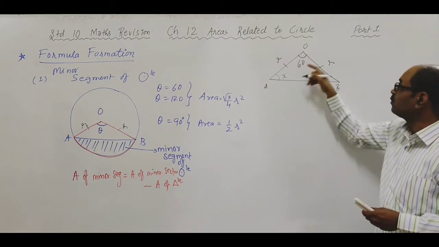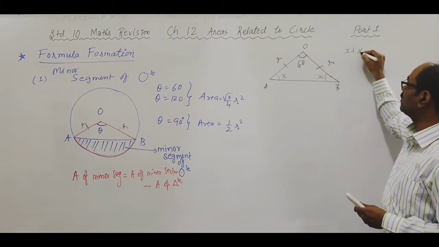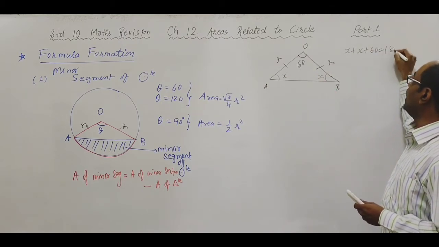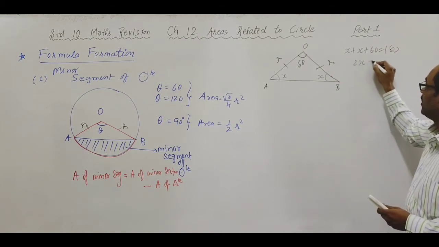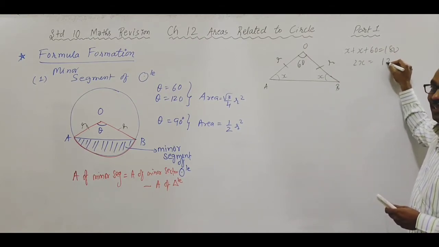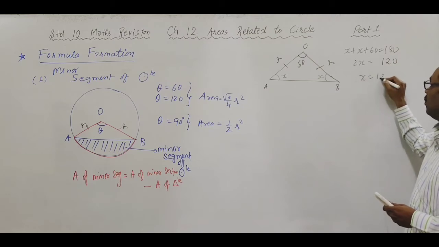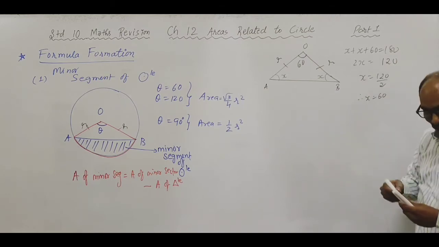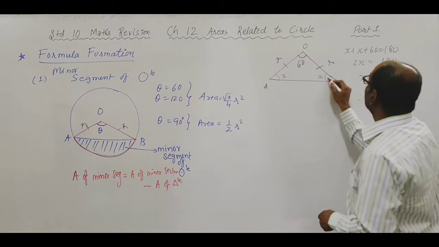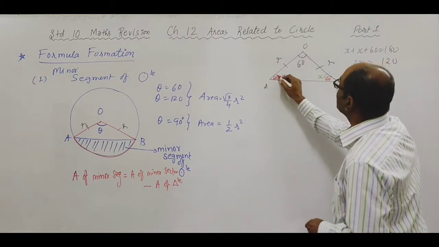So x plus x plus 60 is equal to 180. Total measure in a triangle is 180. So 2x is equal to 180 minus 60, 120. So x is equal to 120 divided by 2, and therefore x is equal to 60 degree. This is also 60 degree.